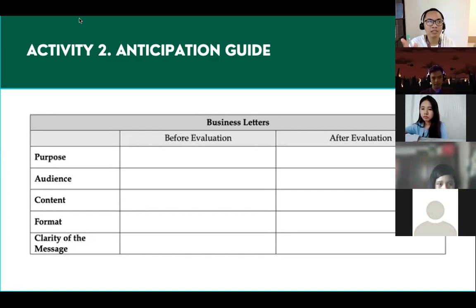Remember, business letters are structured. The structure is as much as possible uniform. If you are looking at a memorandum used in the Philippines and the memorandum used in the United States or whichever part of the world, you will find common elements, common structure. It shares the characteristic of universality.